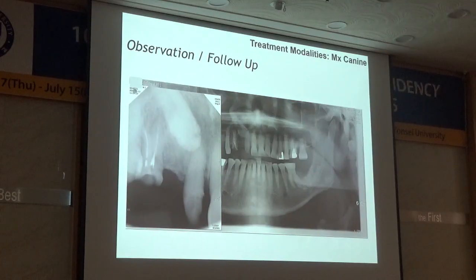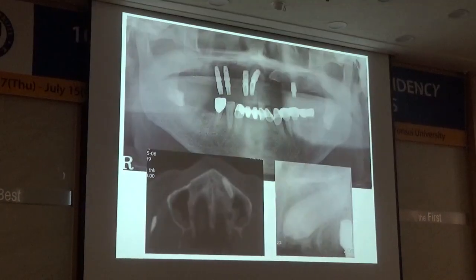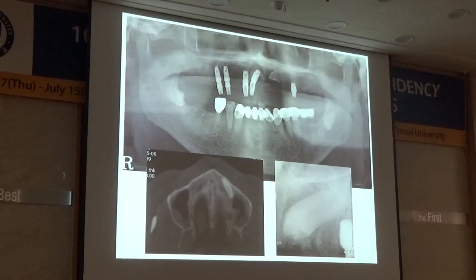Later I will show you the result of our surgical opening cases. The only thing that affects the result is age. Age is the only thing that determines the success or failure of the surgical opening.